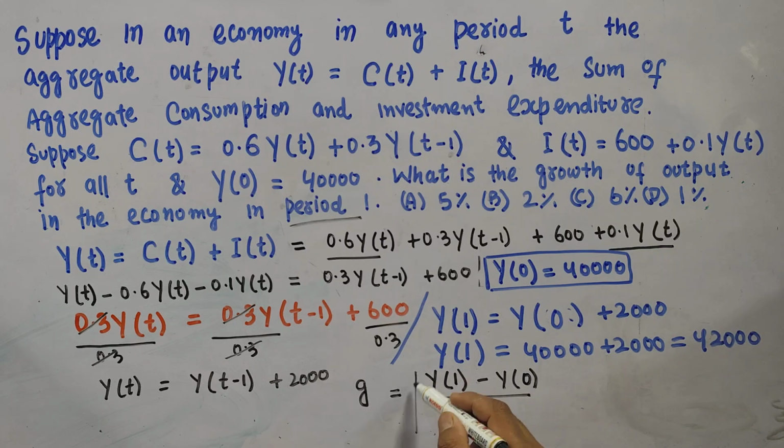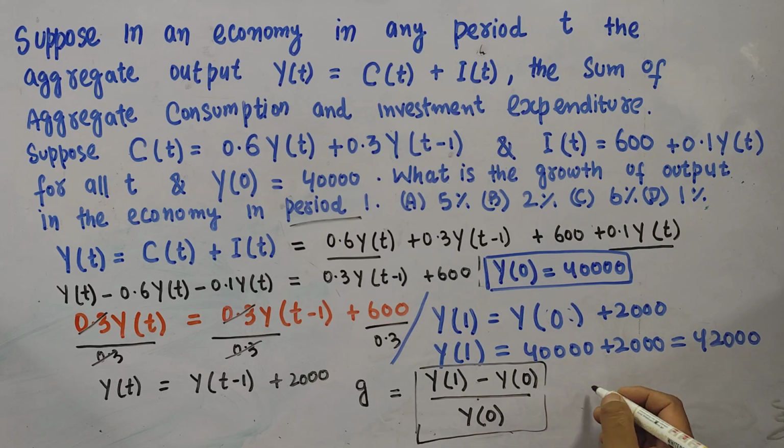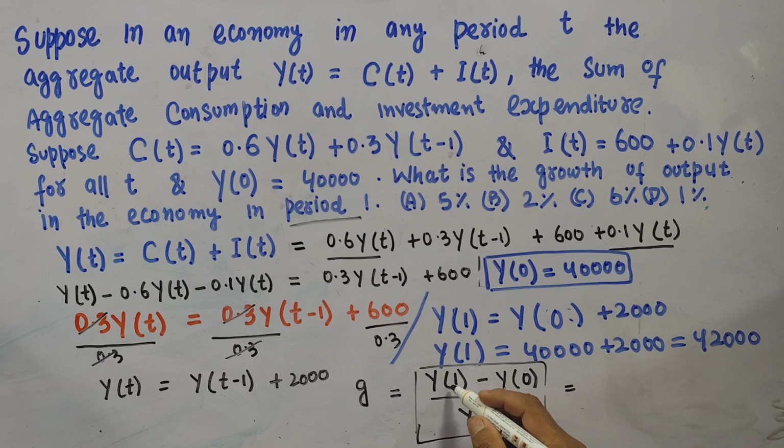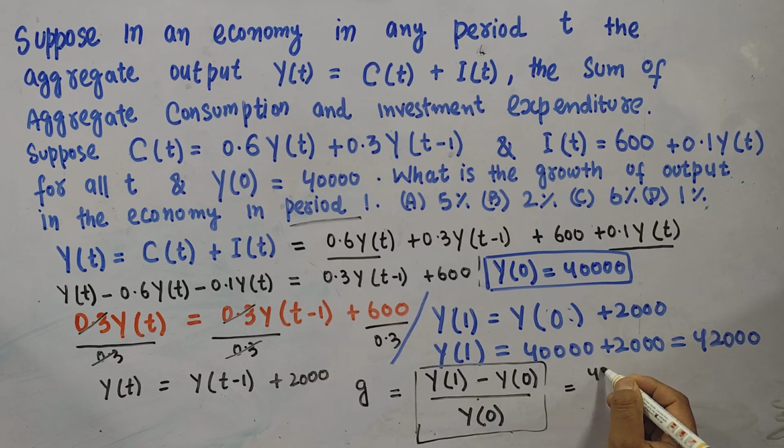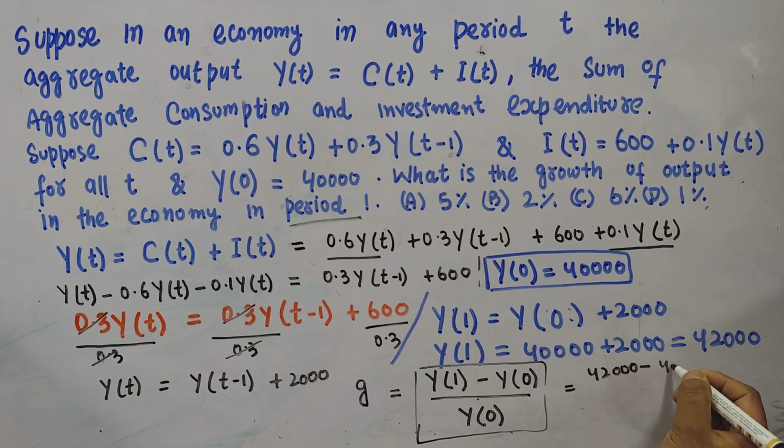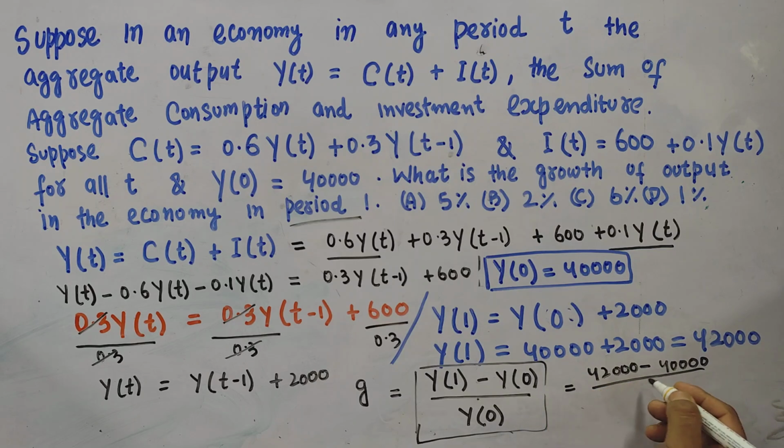It is pretty simple. So in time period 1 we have 42,000 minus in time period 0, given 40,000, and we have y0 again 40,000.